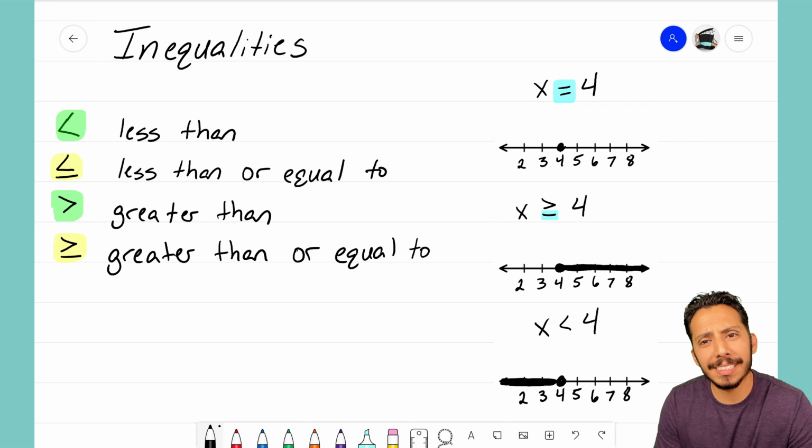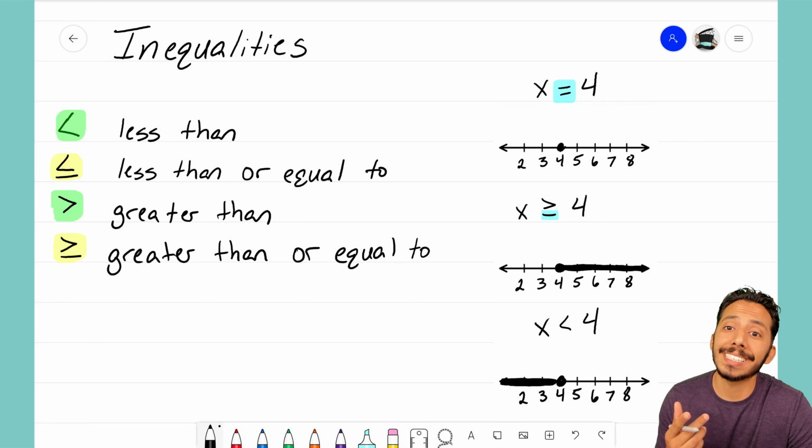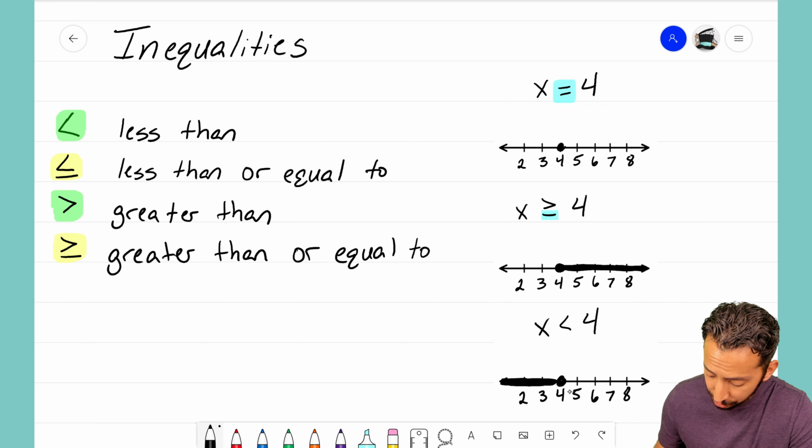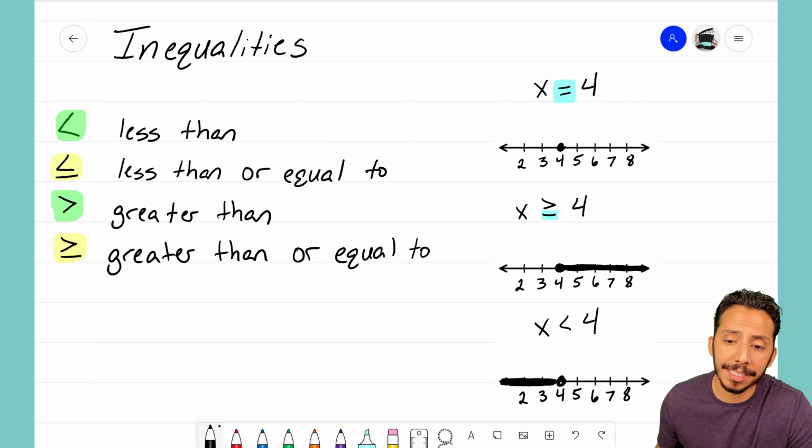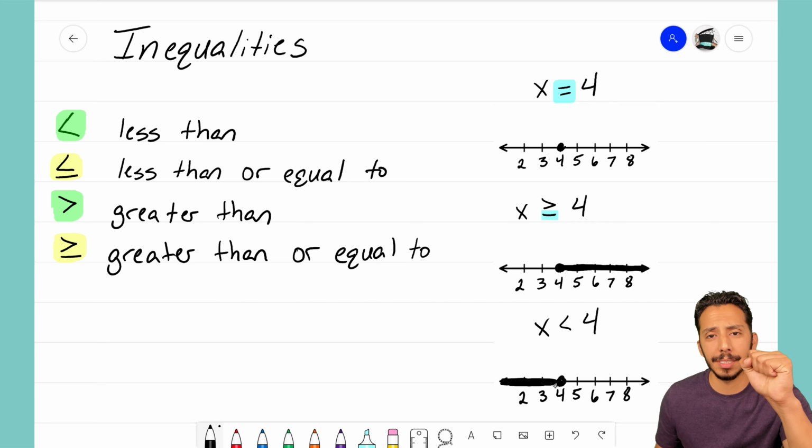But I need to stop and think about that inequality. Notice that there is no equal sign bar underneath it. There's no equal sign here. So x cannot equal 4. We just know that it's everything less than 4. So this dot that I placed looks like it's including 4 because it's closed.